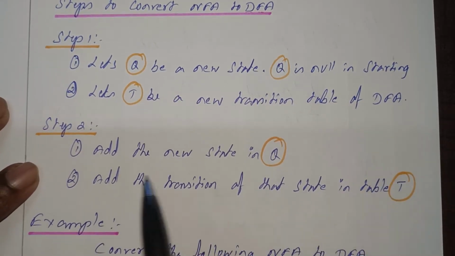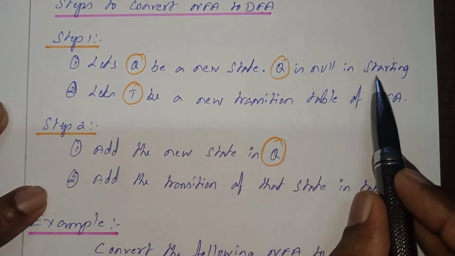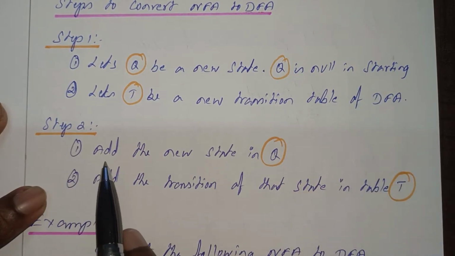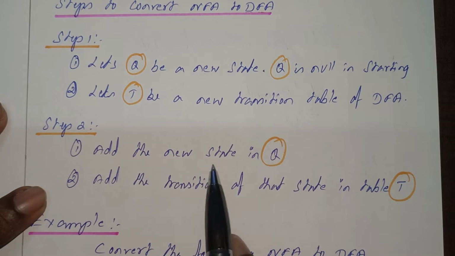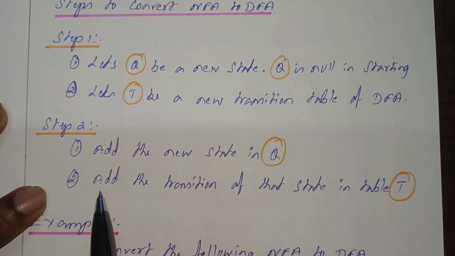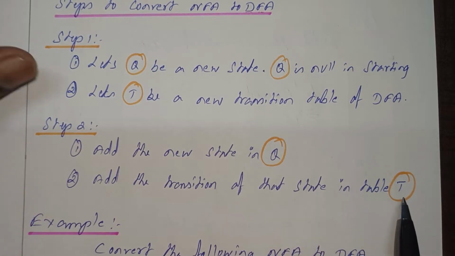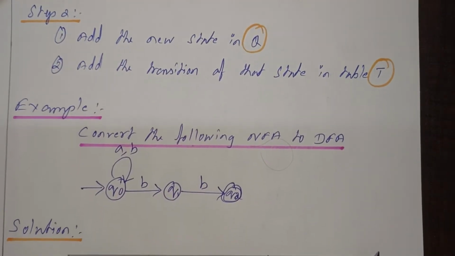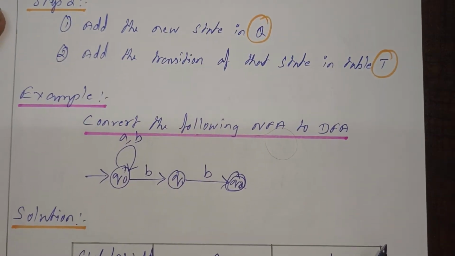Now step number 2, when step number 1 has happened, this step begins. It adds a new state in Q, you all know that is a new state, and adds the transition of that particular state in a table called T. So let me take you to a basic example of how this conversion happens.